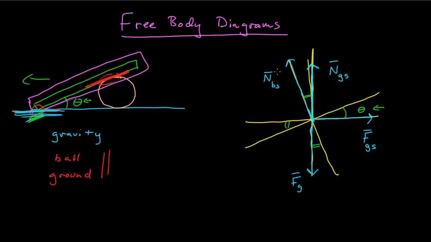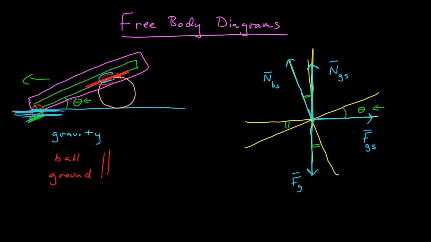But in what direction? Well, it's in the direction opposing the motion of the object, assuming there were no friction at this point of contact. So what would happen if there were no friction at that point?